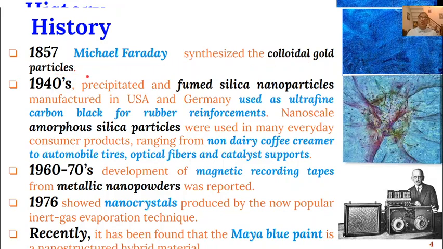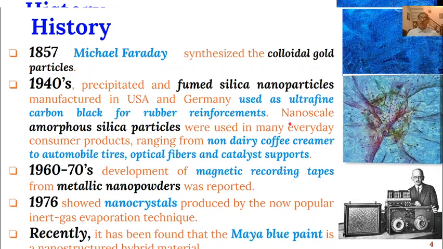However, nanoparticles were converted into nanomaterials in the late 1940s when fumed silica nanoparticles were manufactured by USA and Germany, and they were used as ultra-fine carbon black for rubber reinforcement compounds.